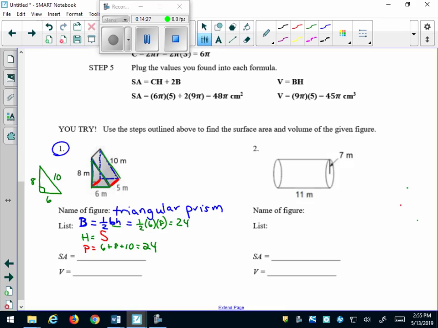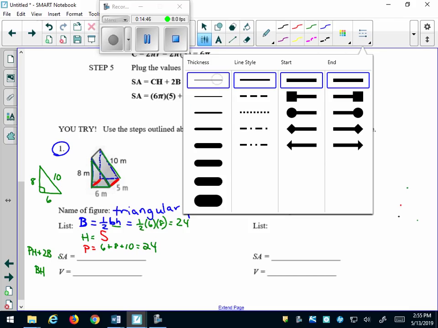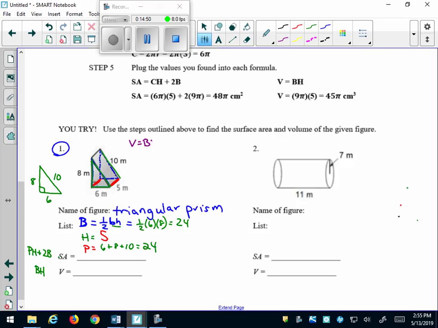Now, our two formulas for surface area and volume. Surface area is pH plus 2b. Volume is BH. All right, so we're going to calculate those. Let's do volume first.